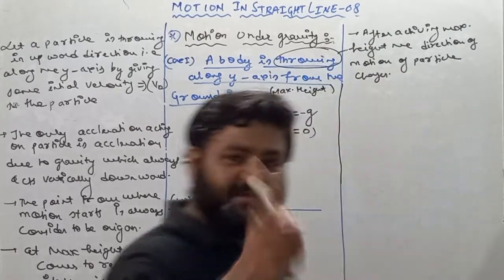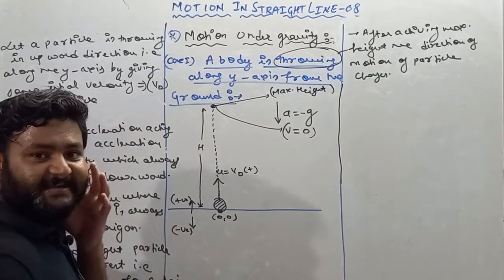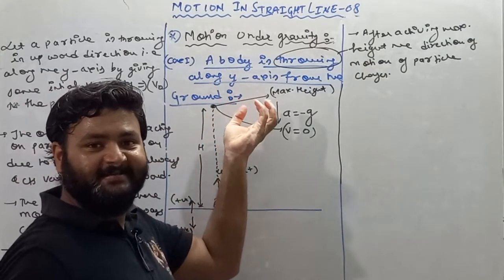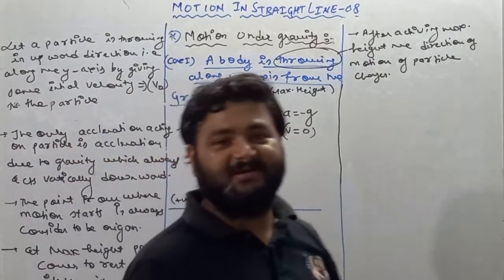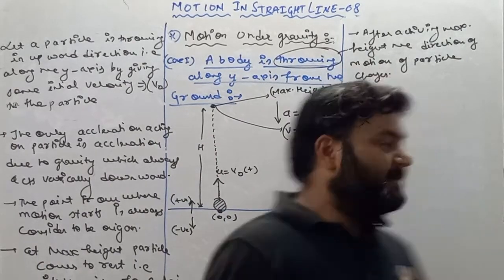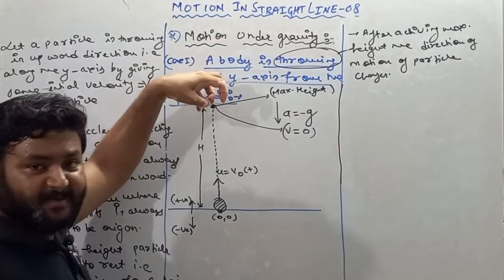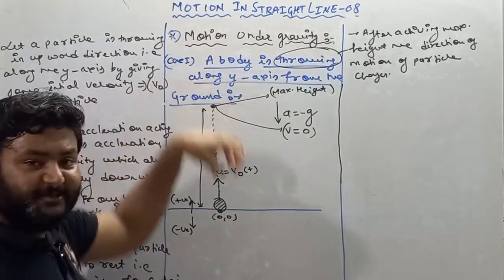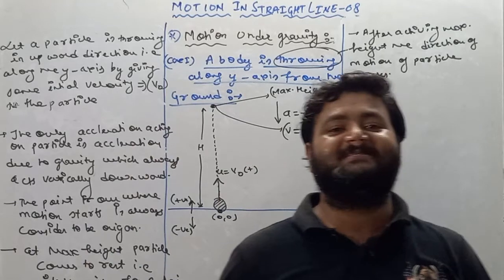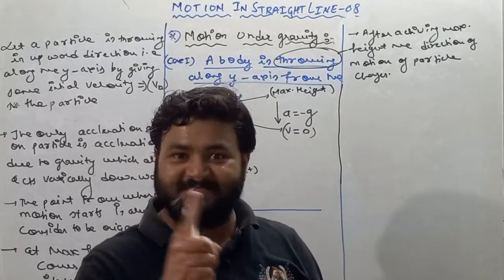Remember this thing, if motion is under gravity, then when the particle is moving in the upward direction, its direction of velocity and acceleration is opposite to each other. But when the particle attains its maximum height and again comes back towards the ground, in that situation, my dear student, the direction of velocity and acceleration is the same.